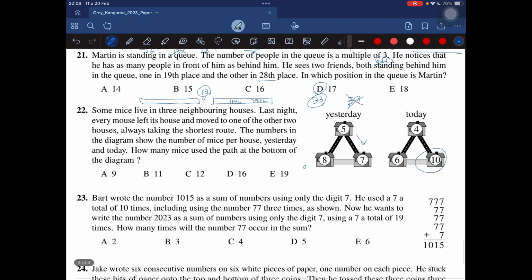So from here and here, it should be adding 10. So let's say A, B, C, D, E, F. So A plus B is 5. C plus F should be 4.